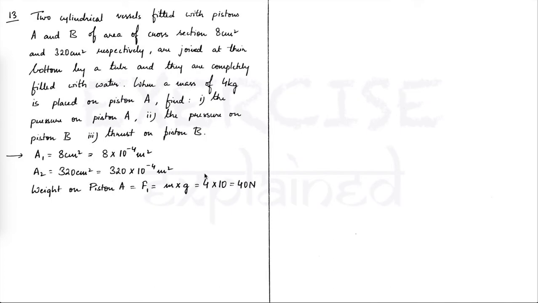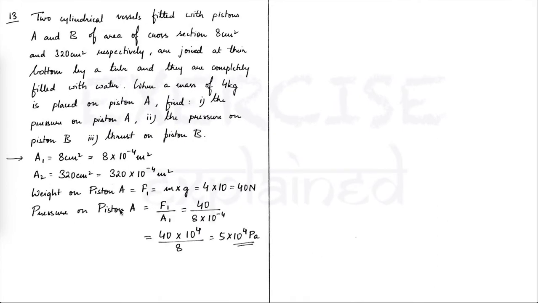Mass is given to be 4 kg in the question. So I write it as 4 into acceleration due to gravity. I assume it as 10 meter per second square. 4 into 10 gives me 40 newtons. So weight on piston A happens to be 40 newtons.